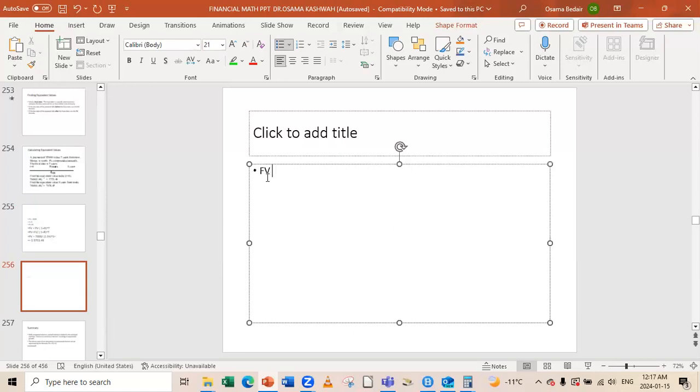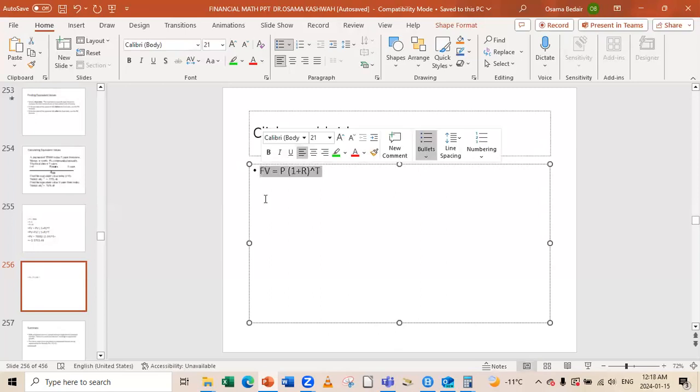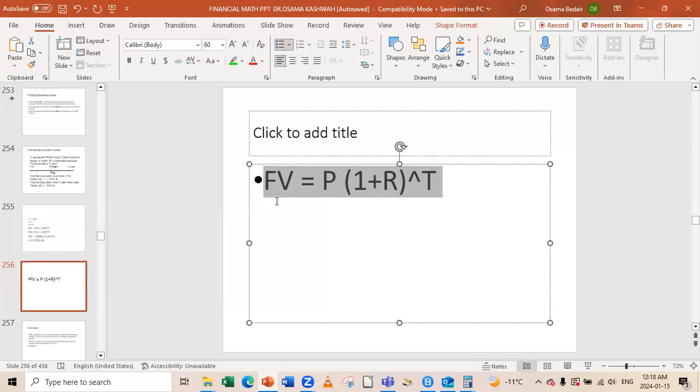I know that the future value will equal the present value multiplied by (1 plus r) to the power of the time t, as we did before. This is considered the future value of $7,000.